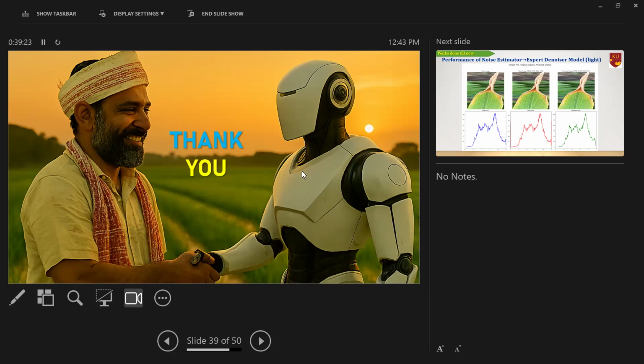Actually, I somehow missed your presentation in between. Yes, sir, we have done a comparison with the traditional models, the traditional way of denoising the images. The traditional way was to denoise with different types of filters, and then for image enhancement, we used contrast limited adaptive histogram equalization, with clip limit 0.5 and tile size 5 by 5.